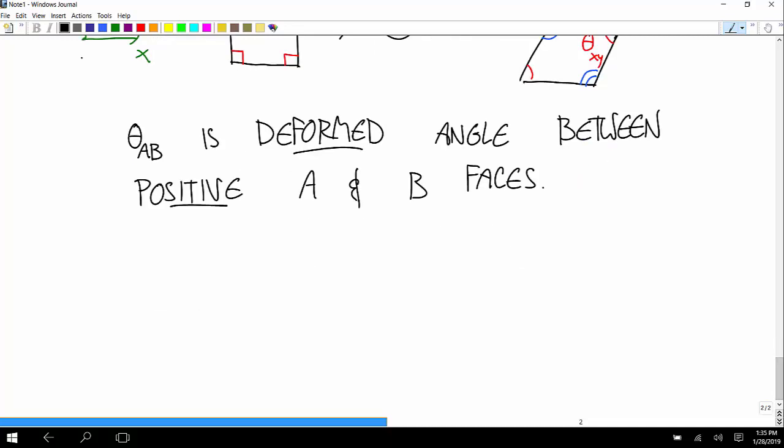Then these shear strains, those are gammas, I think. Gamma xy. Oh, got to do this in radians.